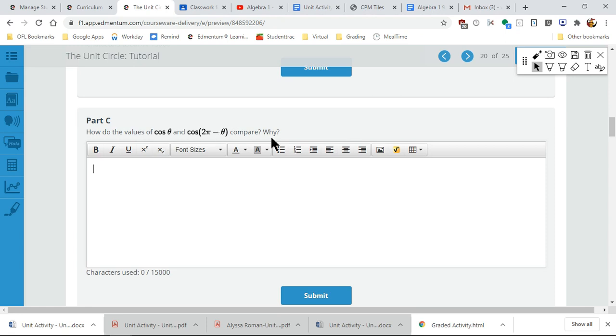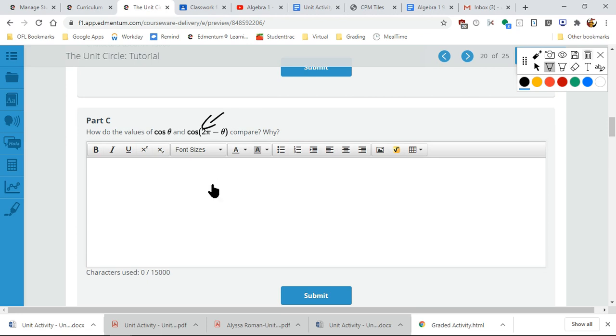They're saying compare these two values. Oh, okay, cool. So this is asking me to compare the x values, because remember, cosine is x. And the reason why they're saying 2 pi is this is 360. 2 pi is 360. So they're saying 360 take away theta. They're just doing it in radians.